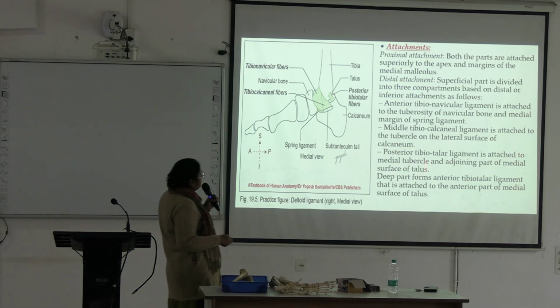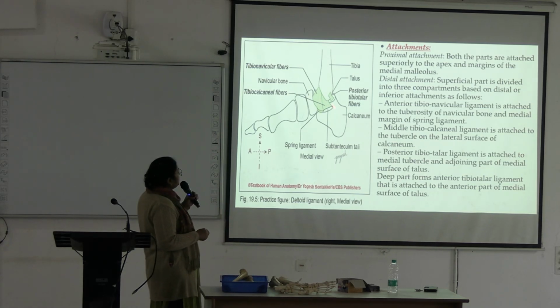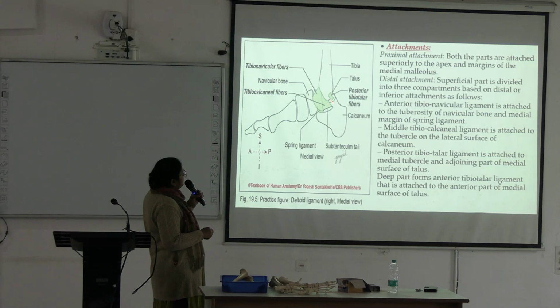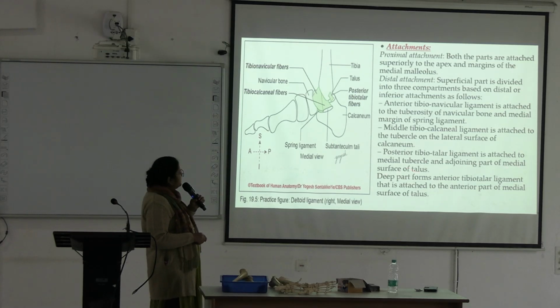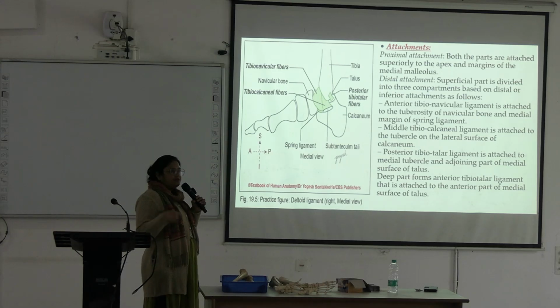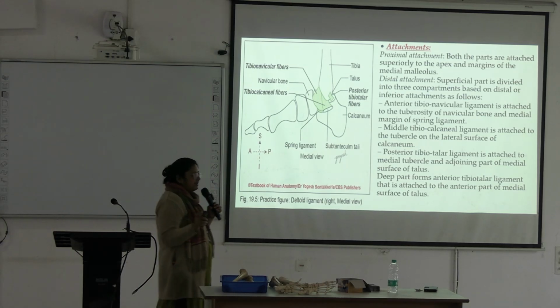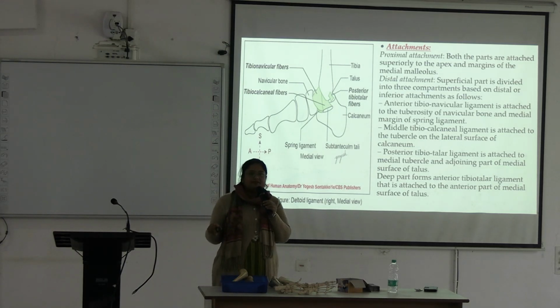Next is the posterior part, which is tibiotalar. The tibia is attached with the talus. It is attached to the medial tubercle and adjoining part of the medial surface of the talus. So these three components together form the superficial part of the deltoid ligament. The deltoid ligament can individually come as a short note.